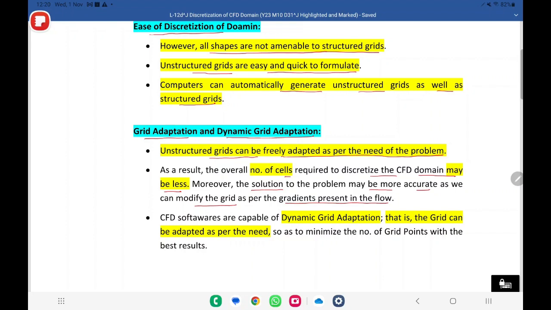So you can just imagine how much they would have labored to do it. What is happening in a CFD program is that after you give the equation, they solve the equation, find the gradient, and then they automatically change the size of the grid and then calculate again. And dynamic grid adaptation means you keep on changing it.